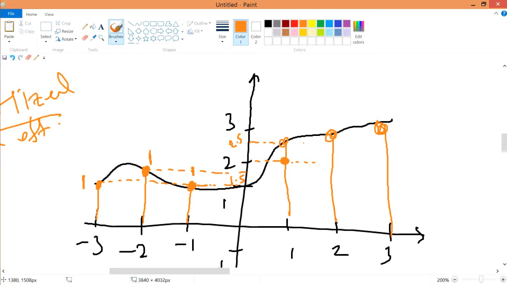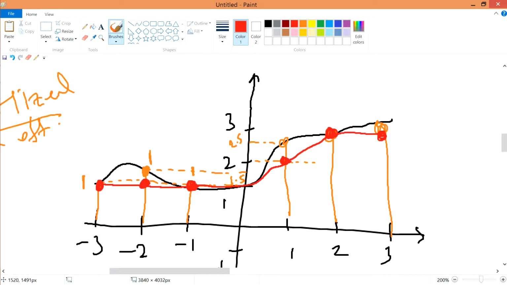So if I were to quantize it individually, maybe I should write the quantized values at these points. The red color are the quantized ones. Maybe this is 3, and then this is also 3. So a quantized signal will be somewhat like that.